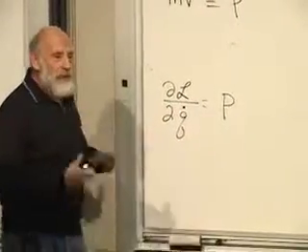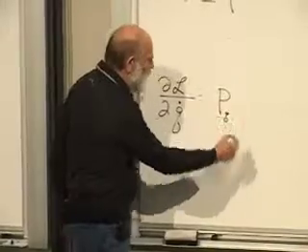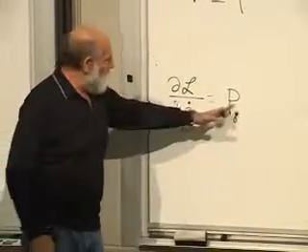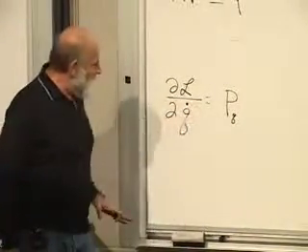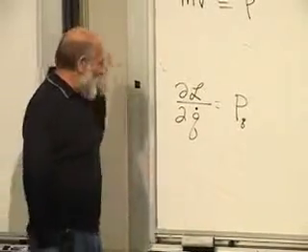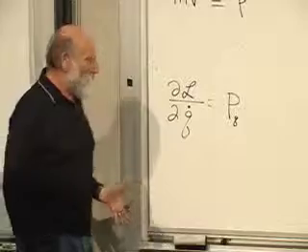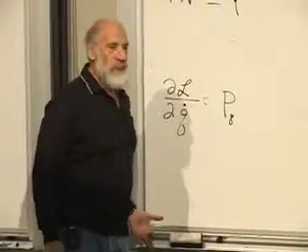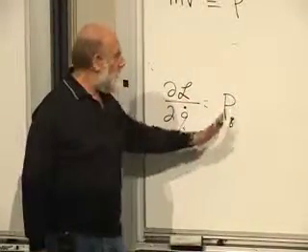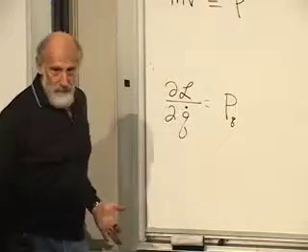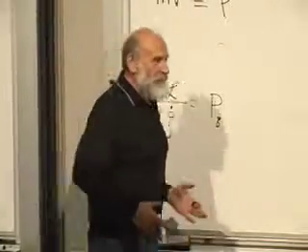You could give it a name, you could call it p sub q, meaning the momentum that's gotten by differentiating the Lagrangian with respect to the velocity associated with the coordinate q, but that's a mouthful, so we just call it the q momentum, or better yet, the momentum conjugate to q, or better yet, the momentum canonically conjugate to q. It's getting long, it's getting as bad as the original thing.